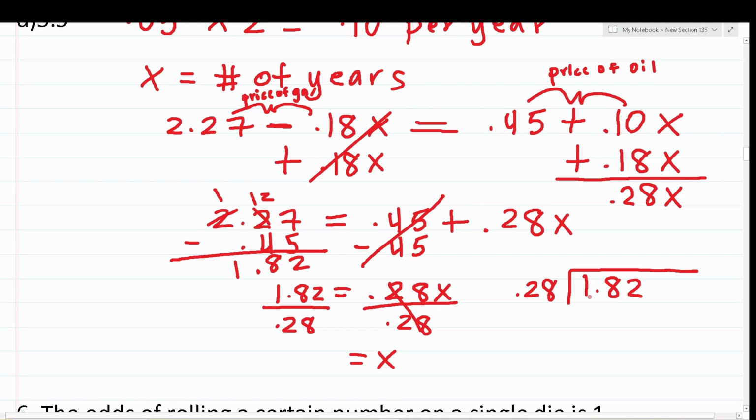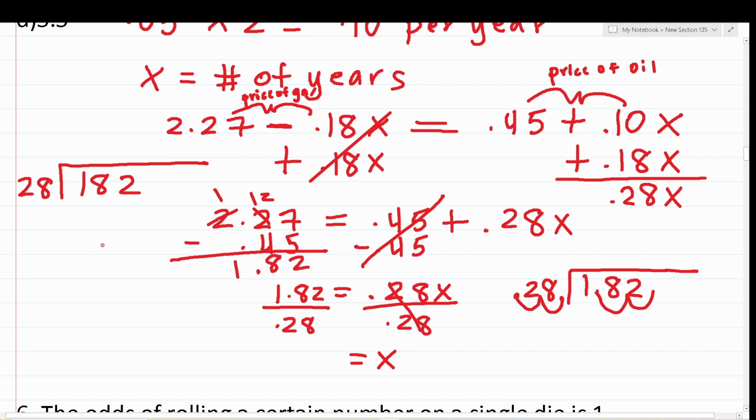In order to proceed, we have to clear this decimal from the number outside the division bracket. So I'm going to shift it 2 times to the right. That's going to enable me to write 0.28 as 28. And I also have to shift the decimal in the number inside the division bracket a corresponding number of times. So 1, 2. So this problem becomes 182 divided by 28.